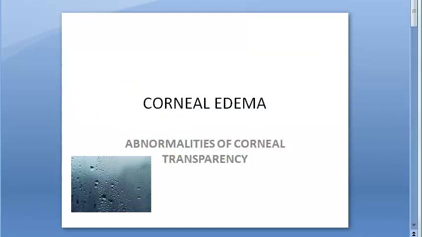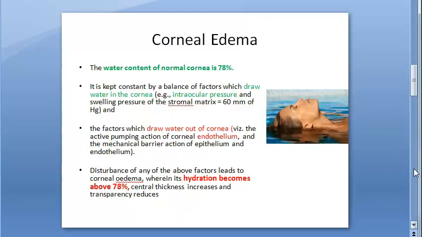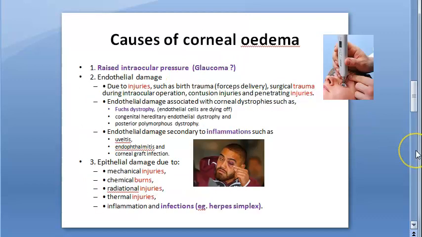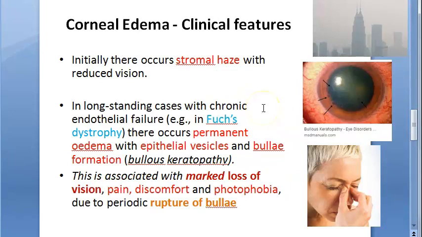Quick recap, we started off with corneal edema. We looked at that it is going to affect the transparency. Water content normal is 78. If it becomes more, then it is called corneal edema. Causes can be raised intraocular pressure, endothelial damage, epithelial damage, inflammation, infection, injury, trauma, burn, all that you will write.